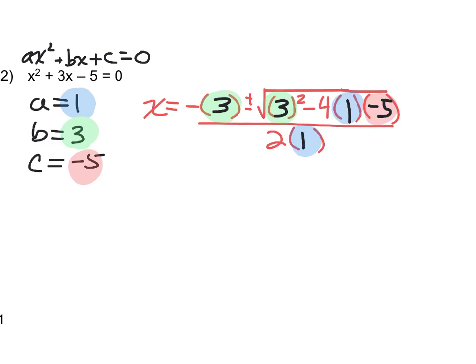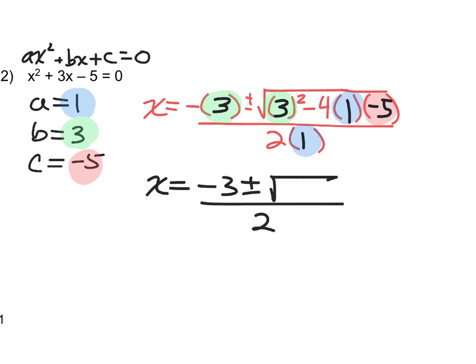All right. When we clean it up, we're still going to have that -3. We're still going to have that product of 2 and 1 on the bottom. The hope is that we can make that radicand a little neater.